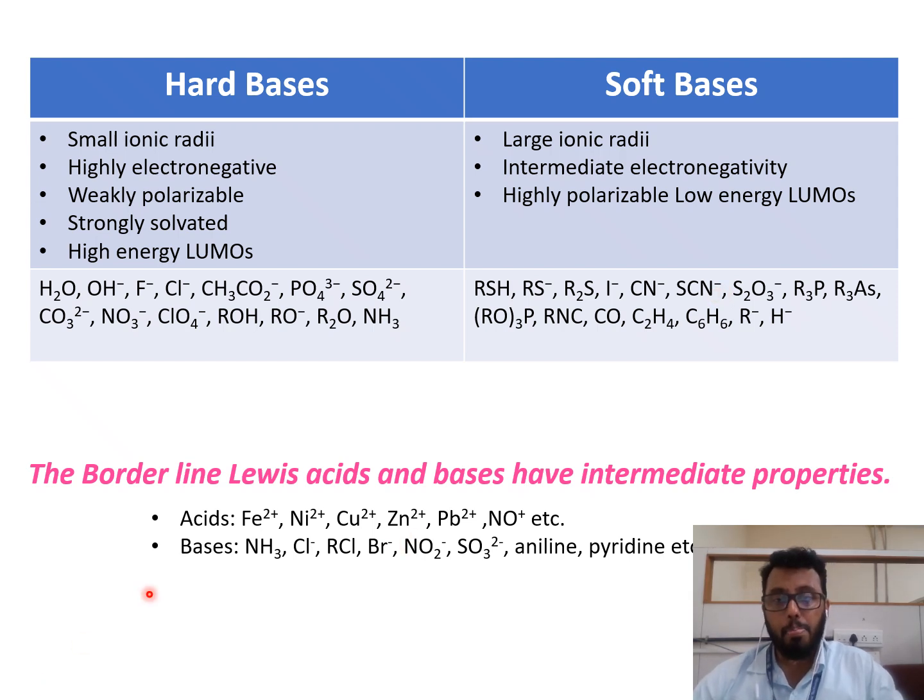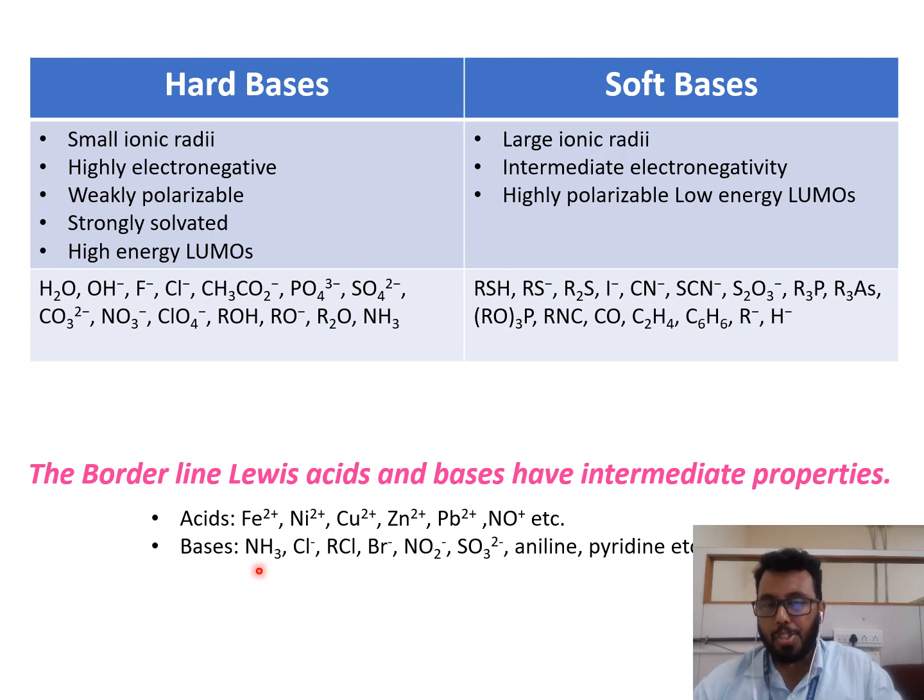And now the borderline Lewis acids and bases, which means they have intermediate properties between hard acid, hard base, or soft acid, soft base. So that's why they are called borderline Lewis acids and bases. Examples of borderline acids: Fe2 plus, the divalent cations, iron, nickel, copper, zinc, Pb, and NO plus.